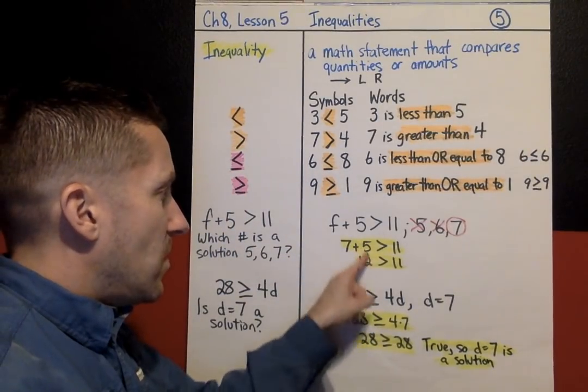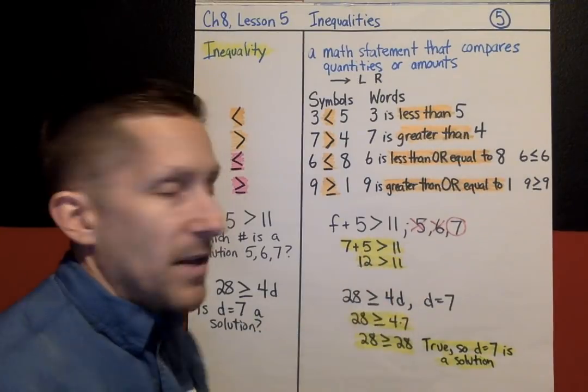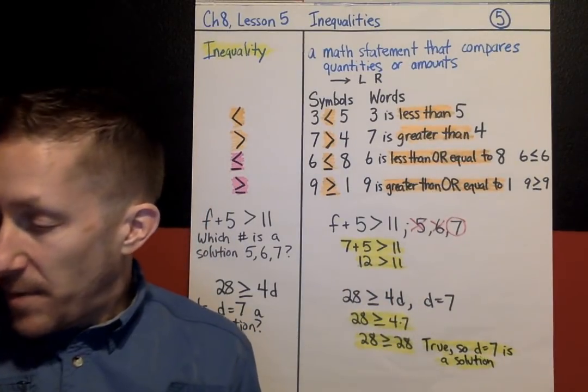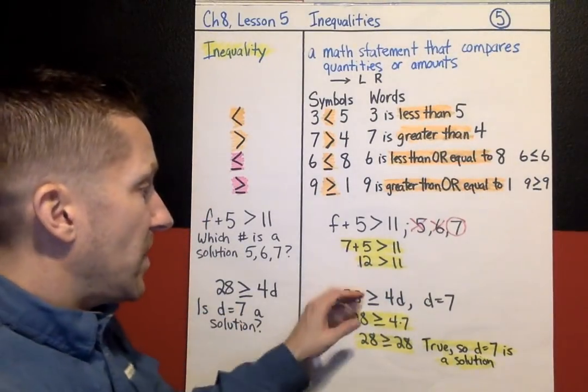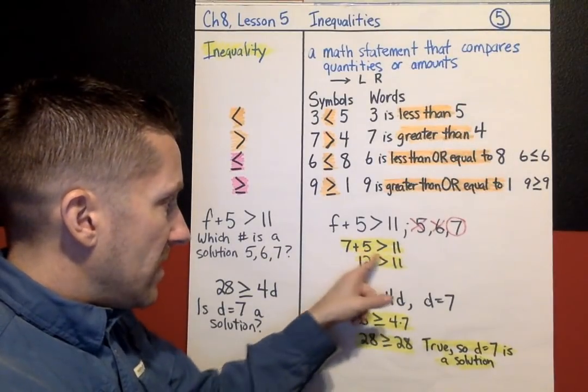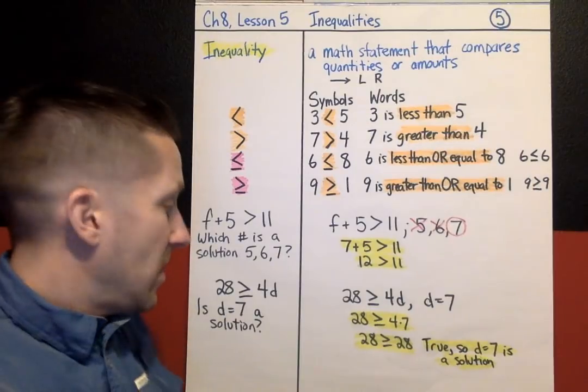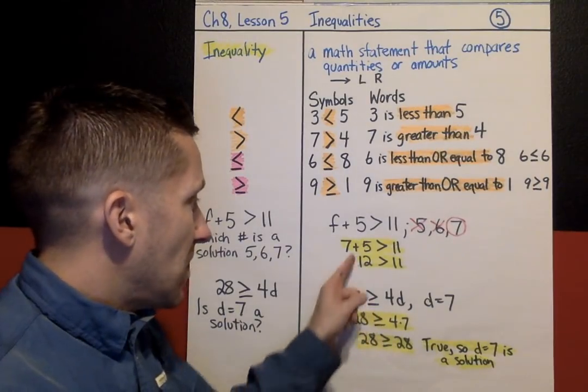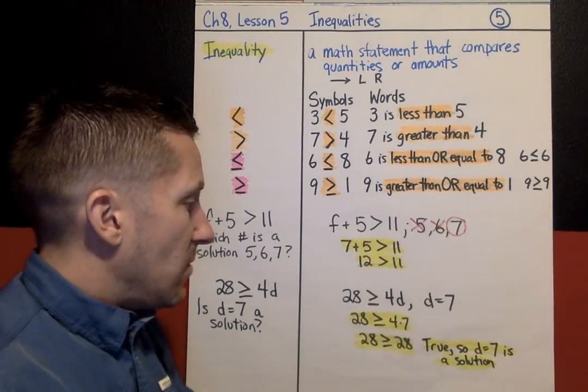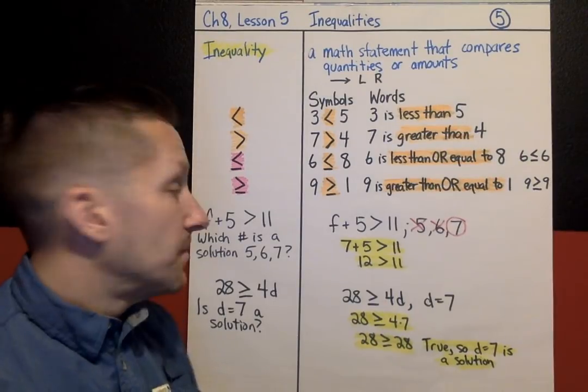Again, even though most of you will be able to pick out the one that works in your head, prove it. Put your answer into the inequality and then show what it is after you solve it, and if the statement works or if it does not work.